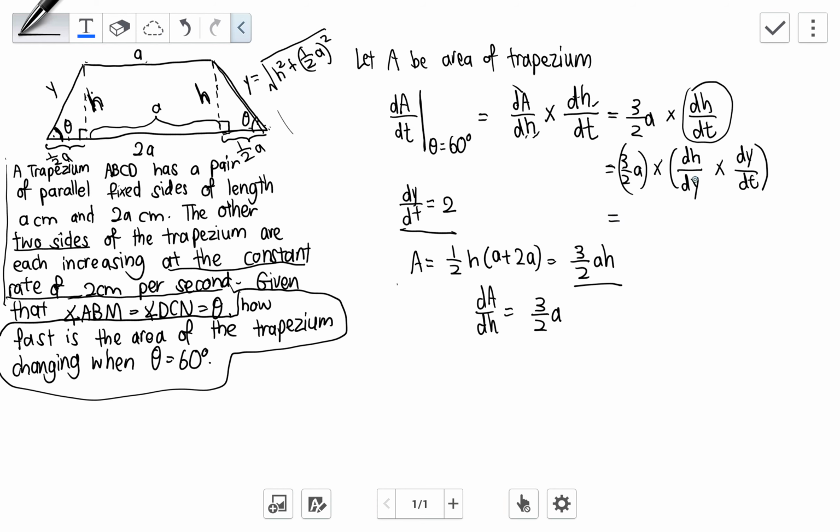So then this is 3 over 2 a multiplied by dy dt, which we know to be 2, multiplied by dh dy. So what we are left to find is just dh dy. So we must find an equation that connects h and y, isn't it? So let's see what we can do.